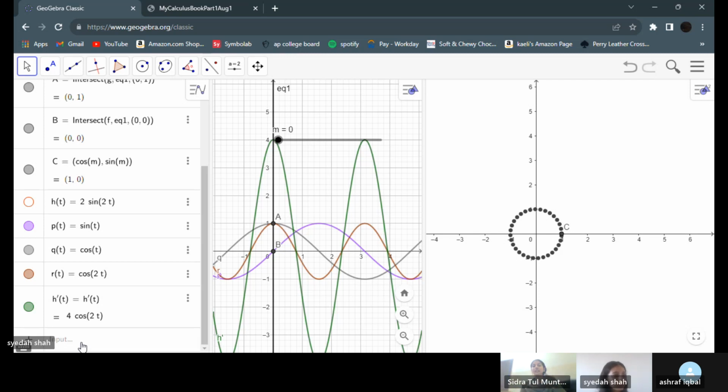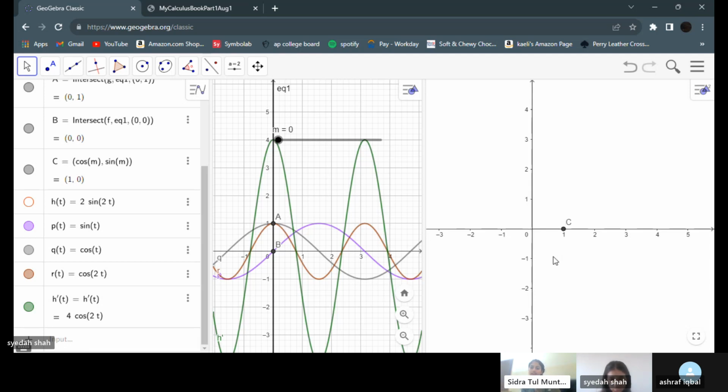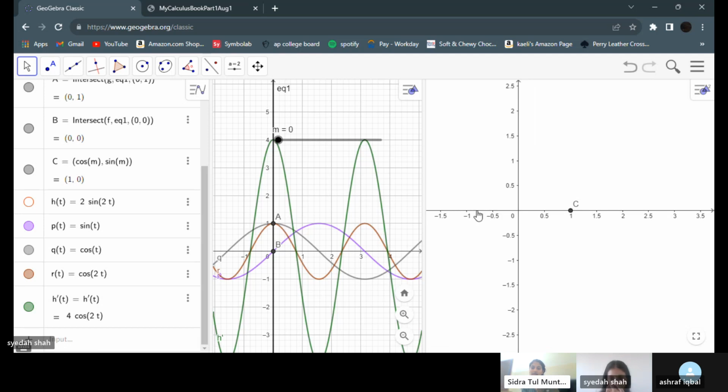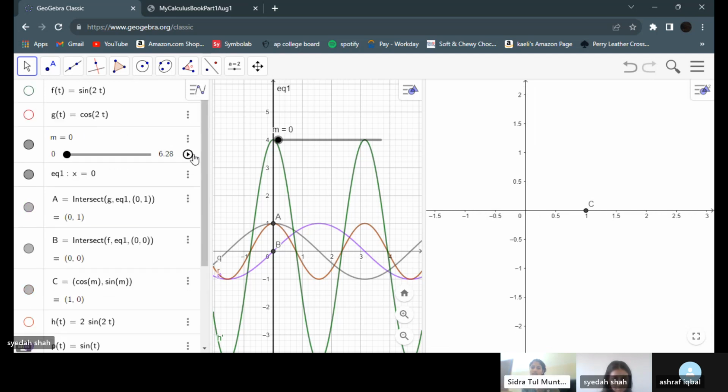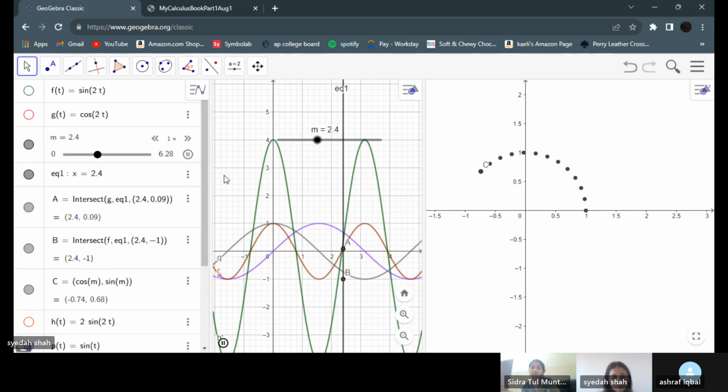Okay, can you please zoom into that circle which you just made? Yes, this one, perfect. Yeah, you can zoom in. Okay, now stop it.